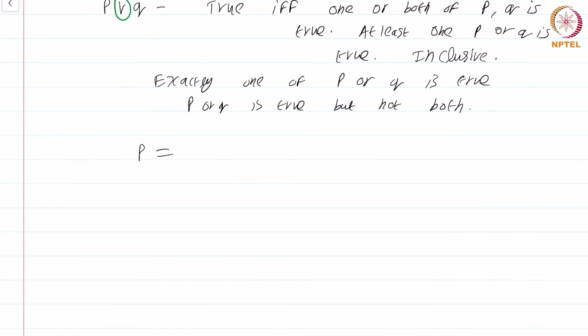P implies Q. If P, then Q. Recall that we had also used if P then Q somewhere in the previous module on set theory. Please try to figure out where it is that we used. What does this mean?